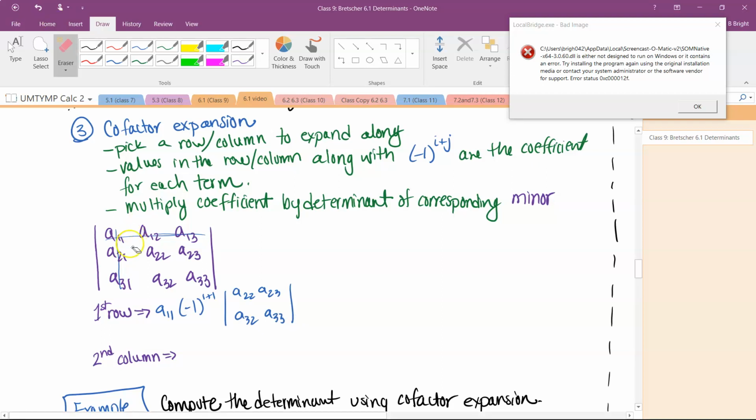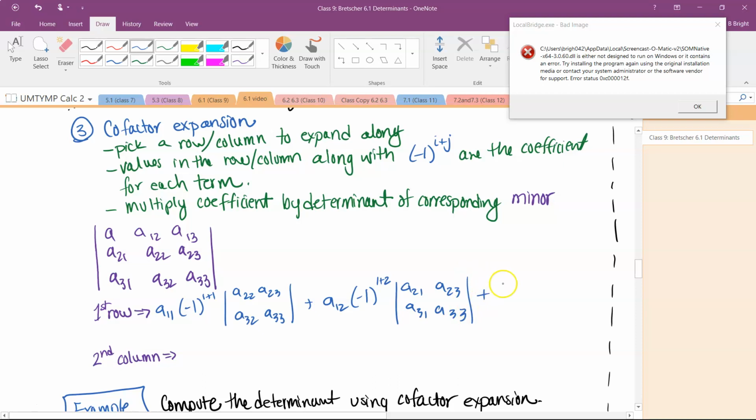Okay, and that's the first one. I need to continue, so then I would add to it a12 times (-1) to the 1 plus 2, and then the minor matrix associated to a12, again, eliminate the row and eliminate the column: a21, a31, a23, a33.